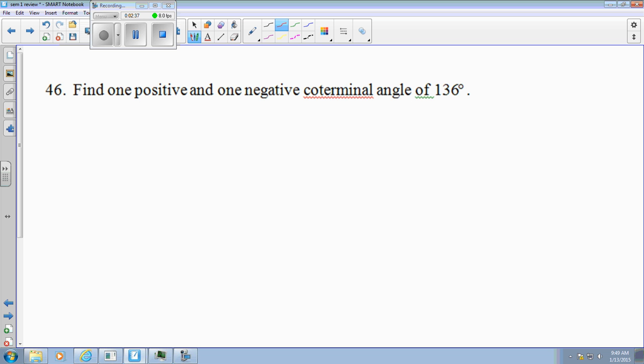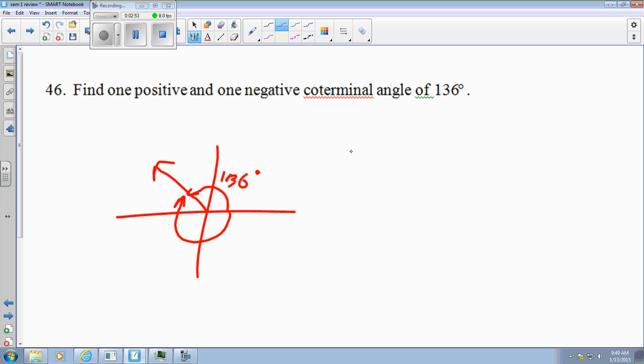Find one positive and one negative coterminal angle of 136. 136 is going to be out this way. To find the negative angle, I'm going to go this way around to get to it. So I would say 136 minus 360.